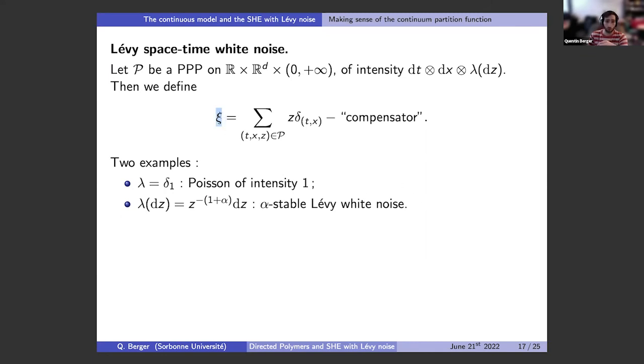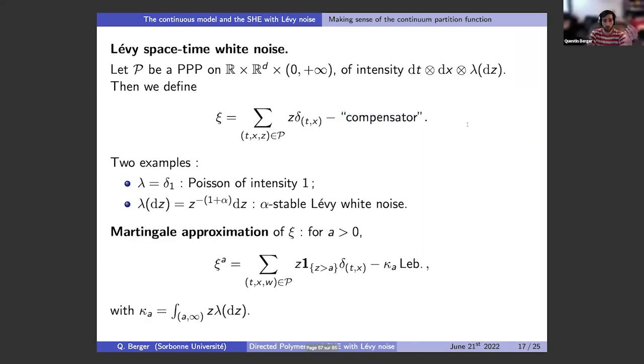The noise is: you put a mass z at position (t, x) for each point (t, x, z) of your Poisson point process. This gives you something which is not centered, so you need to center it. And all the problem is in how you center it.